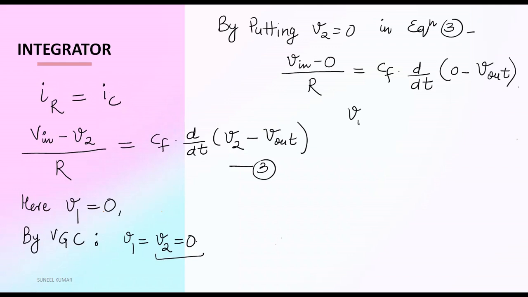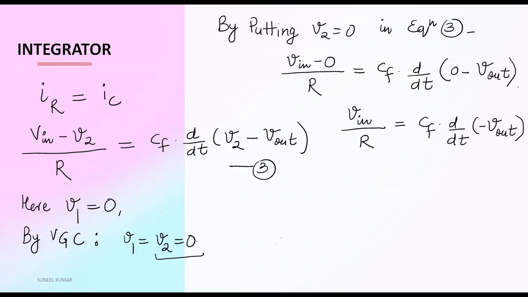So this becomes V input divided by R is equal to CF d by dt of minus V output. And remember here input is connected at the inverting terminal, so whatever output we get will be negative.